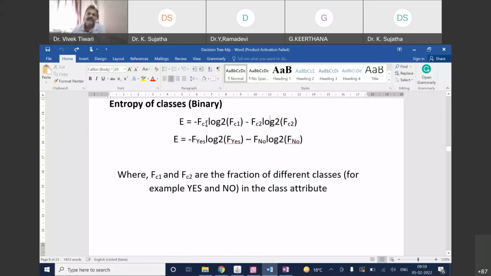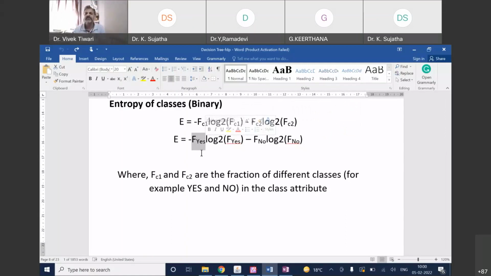What is F of C1? C1 means class yes, suppose, and C2 means class no. F means the fraction of the class yes: out of the total number of observations in the data set, how many observations belong to class yes?